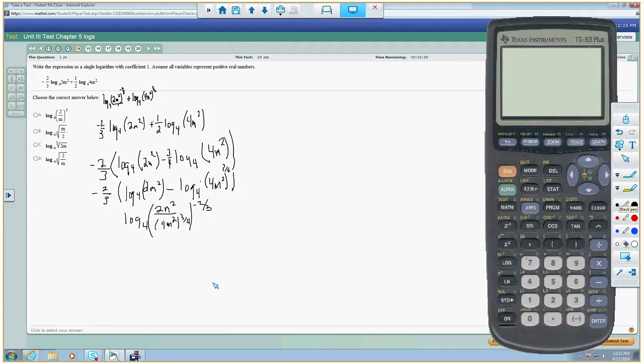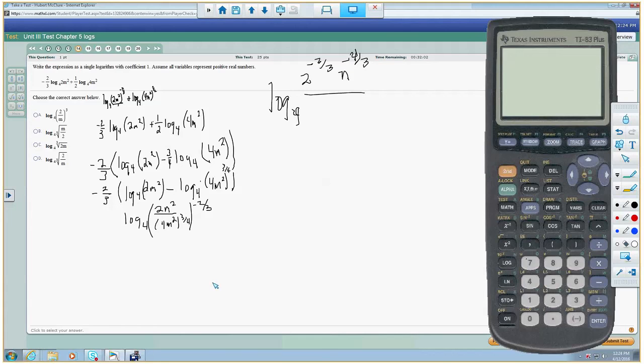Which would be log base 4 of 2 to the negative 2/3, m to the negative 4/3, over that 2/3, negative 2/3 is going to make that a negative 1/2.